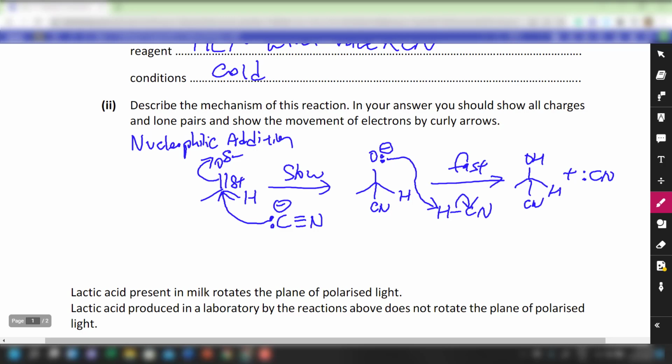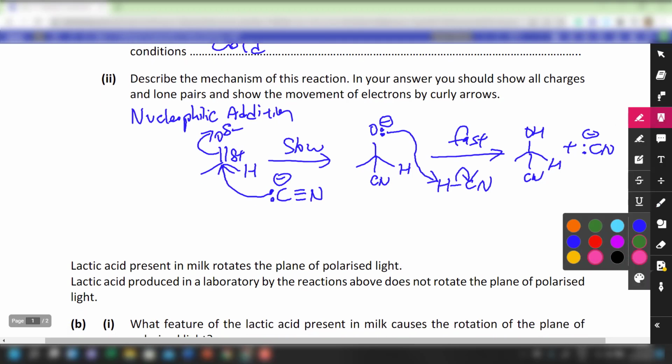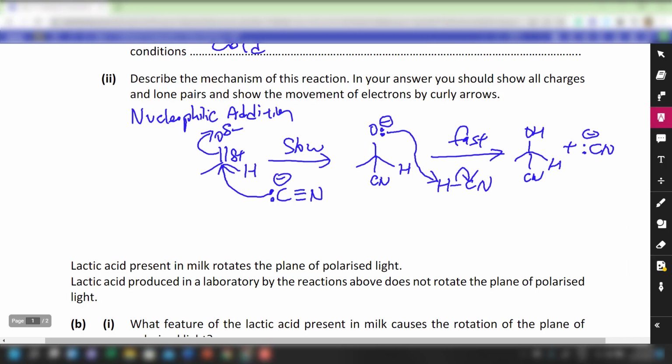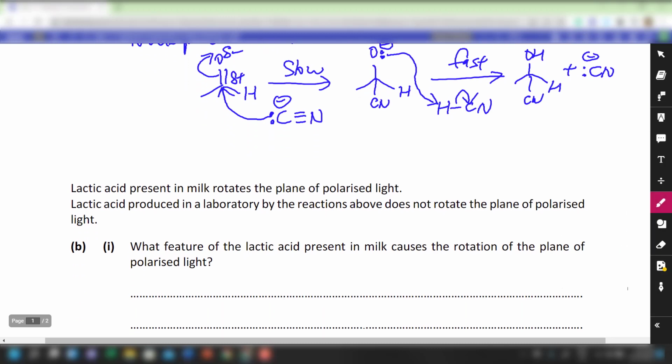It is of vital importance for you to show the regeneration of the cyanide catalyst. I think that's about it. Make sure you understand that the phrasing of the question for mechanism for H2 tends to always be something along the lines of: you need to show all charges, lone pairs, and the movement of electrons using curly arrows.